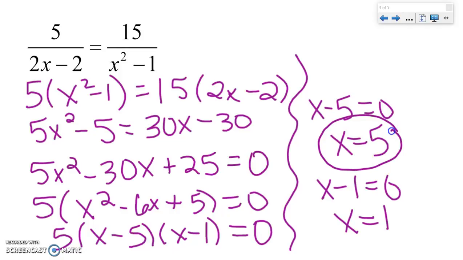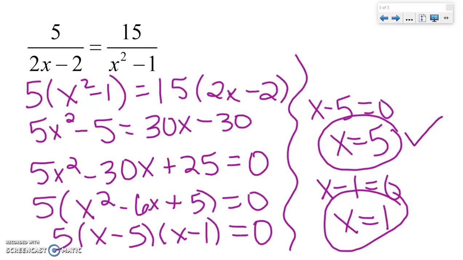So I need to check these two solutions in the denominator. So if I start with 5, 2 times 5 is 10 minus 2. That is not equal to 0, so far 5 is okay. 5 squared gives me 25, minus 1 is still not equal to 0, so I'm okay with 5.